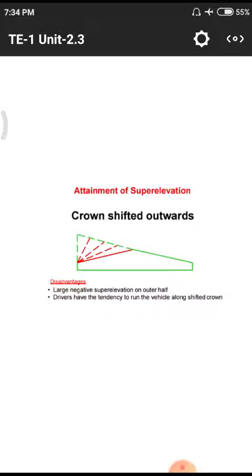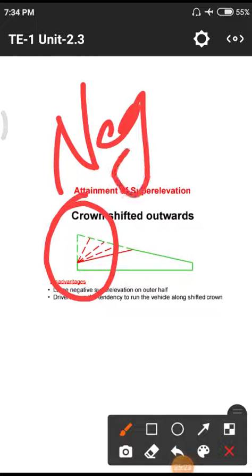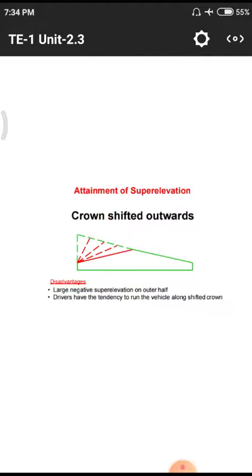The disadvantage of the crown shifted outwards condition is a large negative super elevation on the outer half. That means negative super elevation in the outer half because of the crown shifted outwards. The second one is that drivers have a tendency to run the vehicle along the shifted crown.